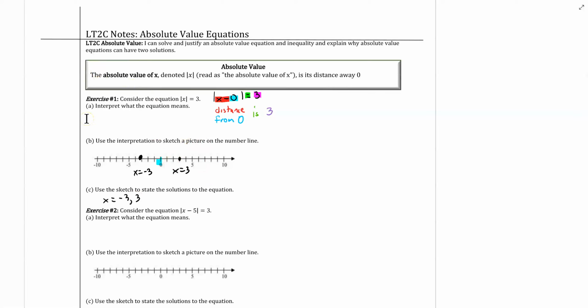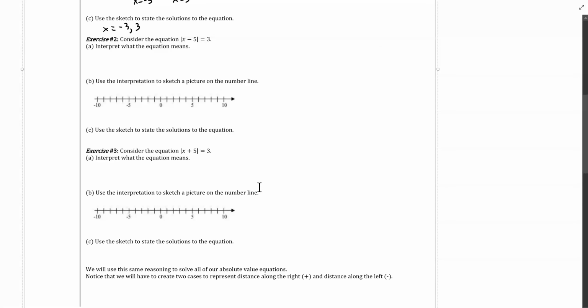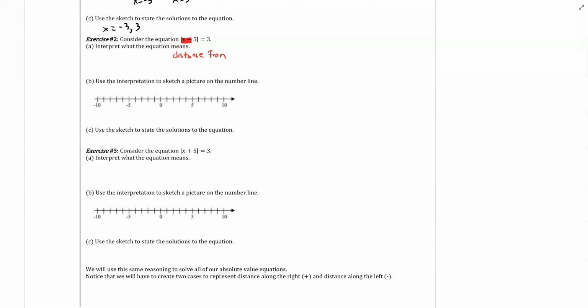So if x minus 0 is the distance from 0, then what about the absolute value of x minus 5 equals 3? Well, you might be tempted to say that we have the distance from negative 5 because of that negative sign, but be careful. What's actually going on is the x minus part tells us that we have the distance from positive 5.